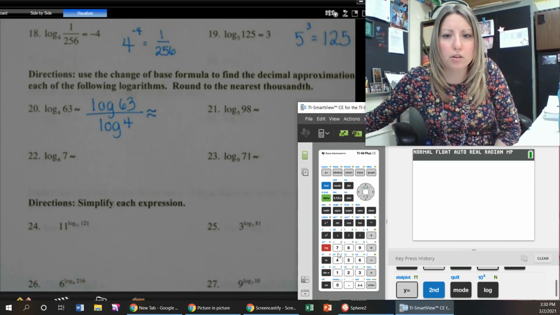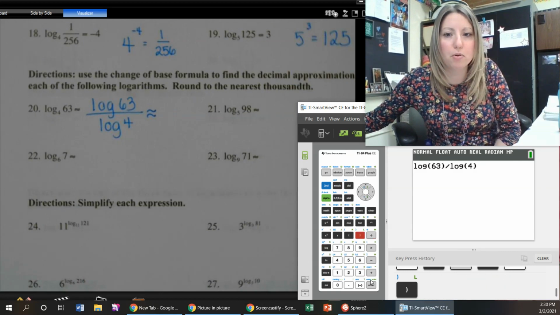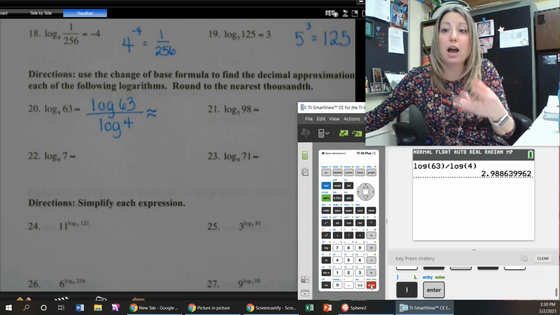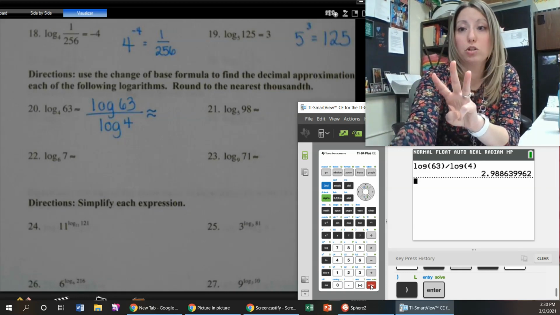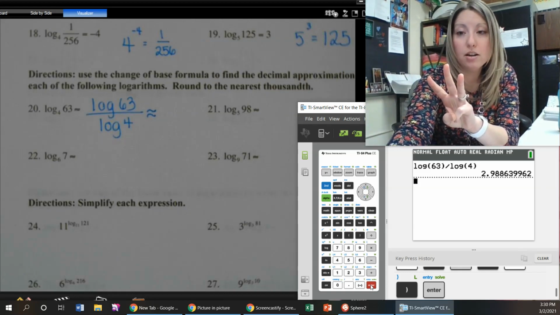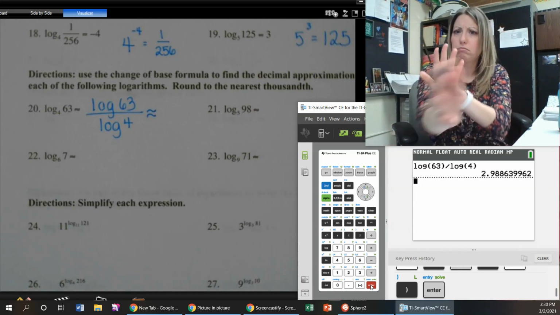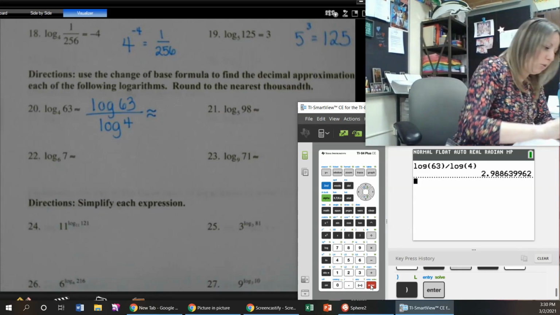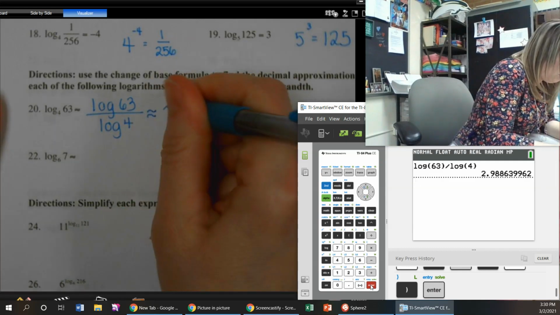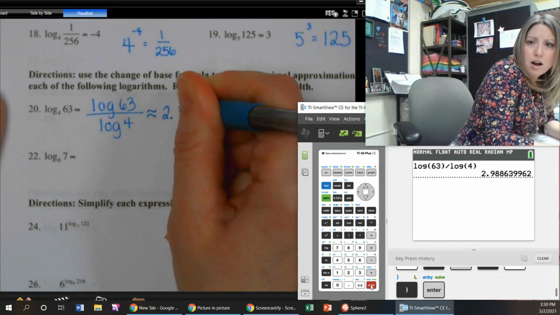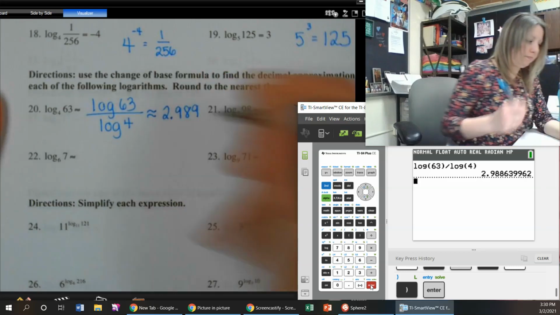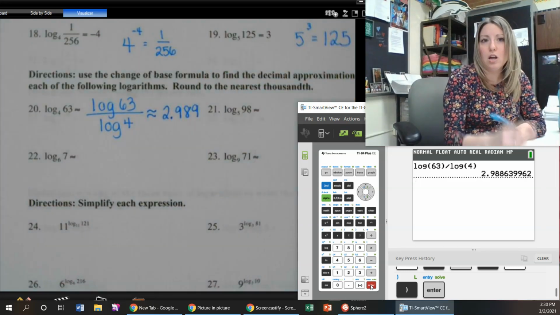But you would just press log 63 and then end parenthesis divided by log 4 and then end parenthesis. Round to the nearest thousandth is 3 decimal places. So this rounds up to 9, no, just up to 9. We're good. Phew. Thought I was going to have to round a whole bunch up, but I don't. 2.989. There you go.